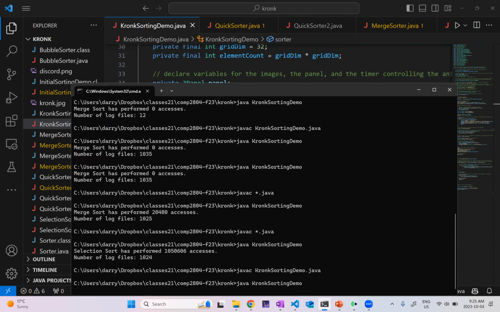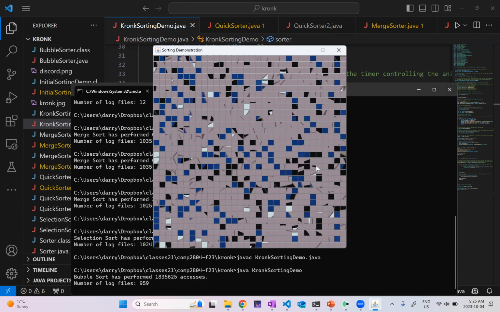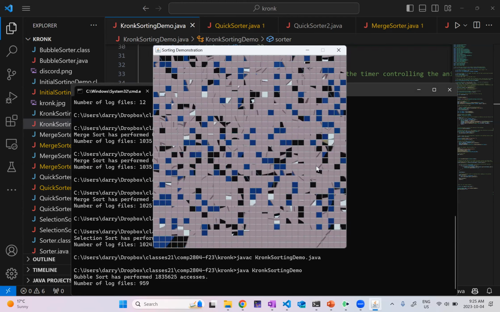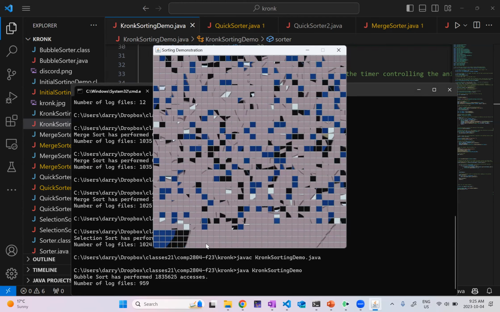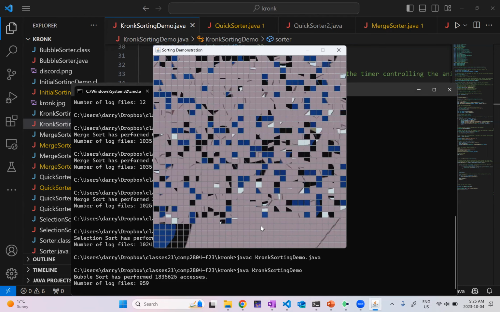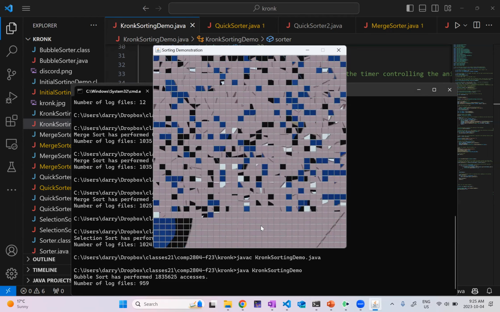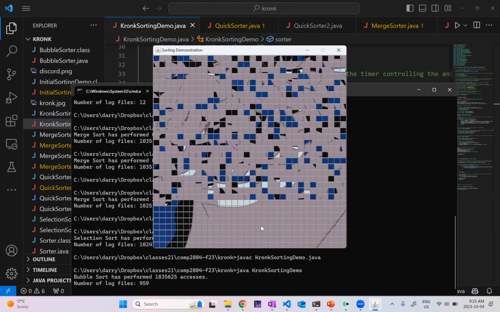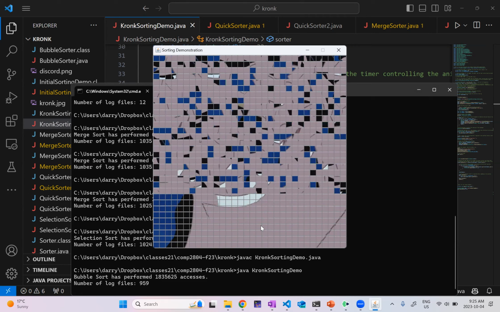So bubble sort does the opposite of selection sort. It walks through the entire list, and any time it finds two things out of order, it switches them. The effect is that the larger items get bubbled up to the top, and everything else moves along with it. Again, this is an n squared algorithm, similar to selection sort.